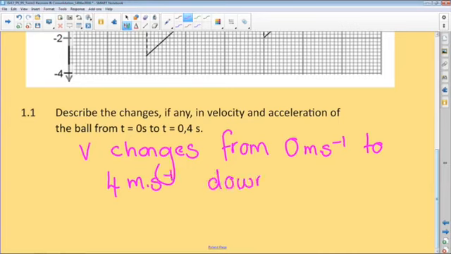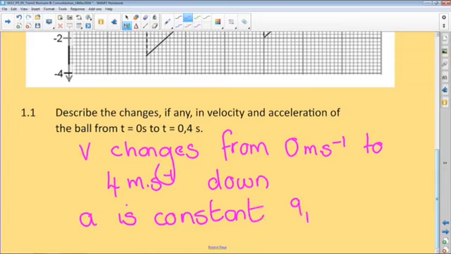That doesn't change. Acceleration is a constant 9.8 meters per second squared, down. Okay? That's all they want, the change in velocity, change in acceleration. We're all happy. They didn't want anything else from that.